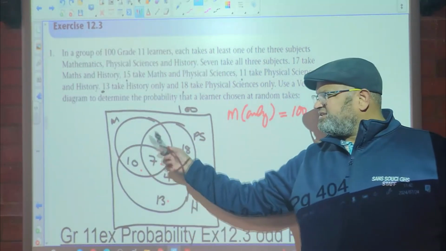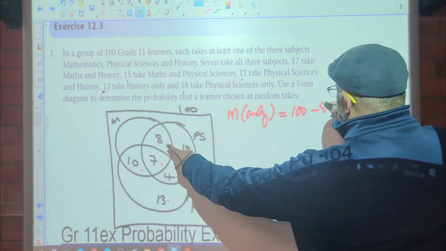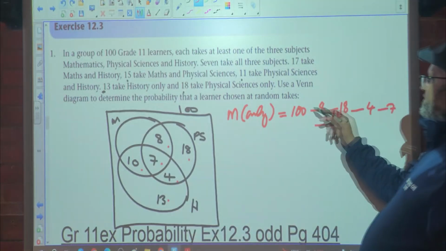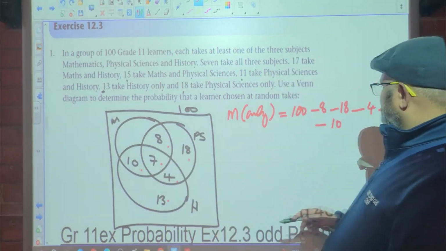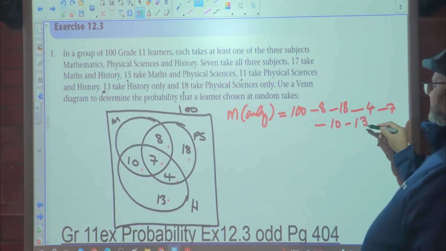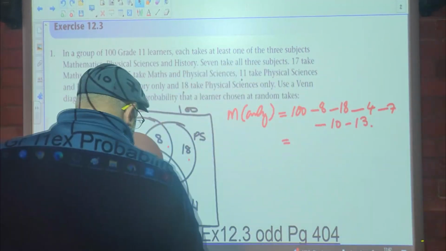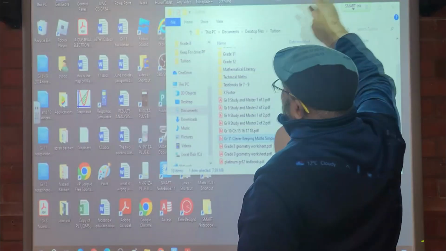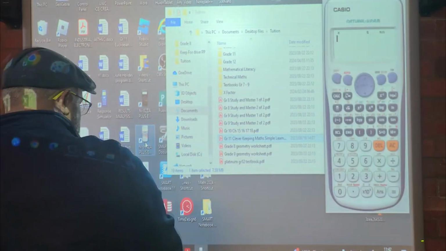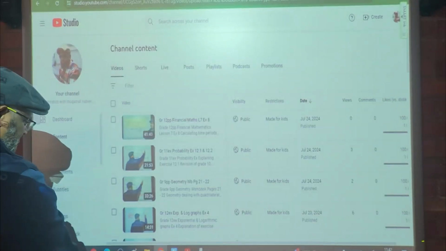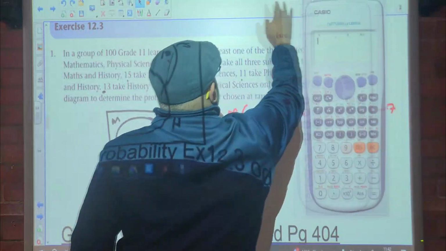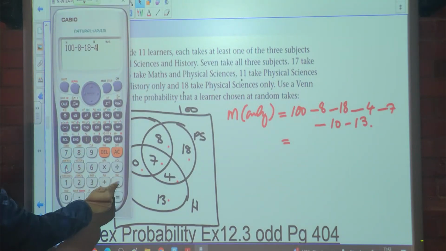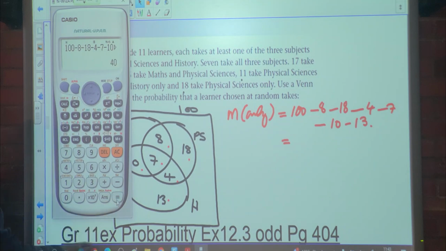So for mathematics only would be 100 minus 8 minus 18 minus 4 minus 7 minus 10 minus 13 gives us 40.